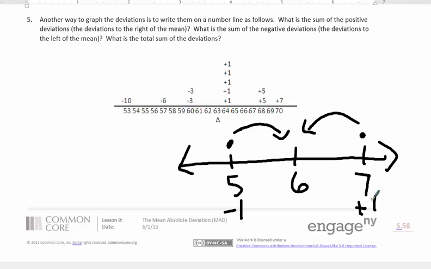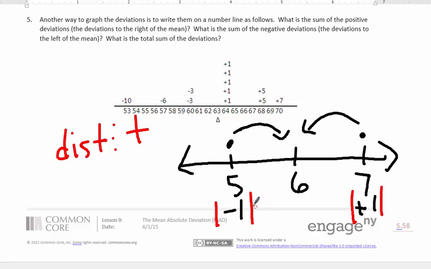Now, what do I do if I'm talking about distances again? Well, remember, distances are always positive. So how do I take this negative and make it a positive? Well, I take its absolute value. So the absolute value of negative 1 is 1. The absolute value of 1 is 1.